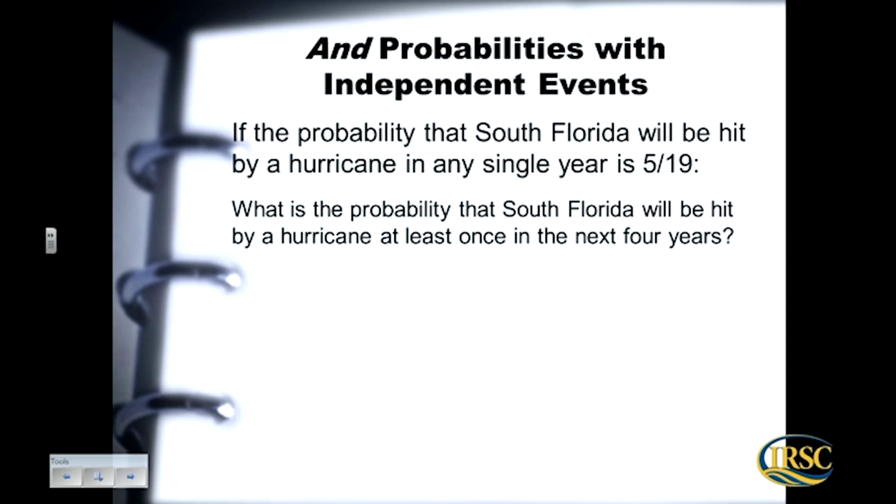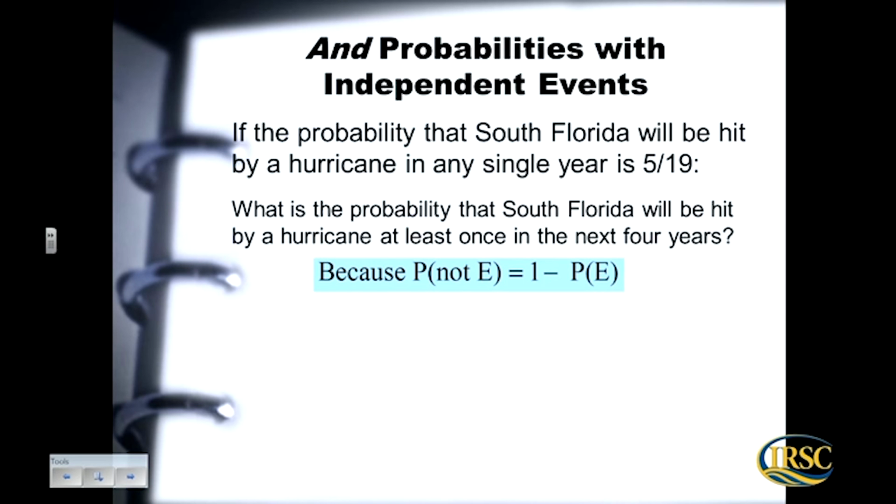And you saw the at least once in the word some. Okay, so when we talked about quantified statements, the word some was the same as at least once. All right, so the reason I'm bringing it back to that is we know that the probability of something not happening is 1 minus the probability of it happening.